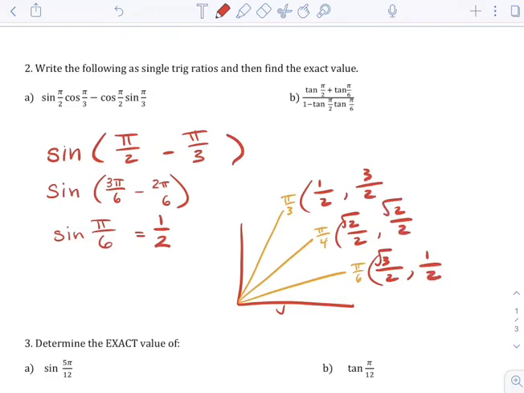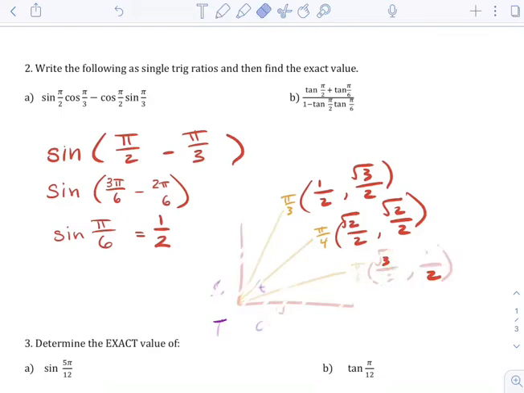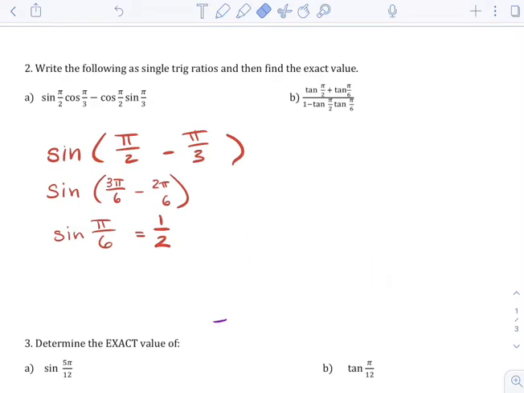Square root the tops, keeping in mind that sine were the y values and cos were the x values. So in this case, I was looking for sine, which is the y value, of pi over 6. So pi over 6 is right here. The sine, the y of that, is 1 over 2. So that's another way that we could get it, just from the unit circle. I'd mentioned you can use that. You just have to keep in mind the cast rule of where things are positive and things are negative. But that's one method. So let's keep going. Whether you draw the special triangle or use that unit circle, both are fine.